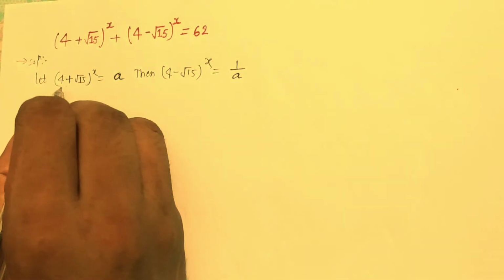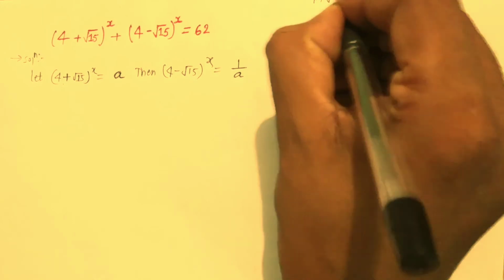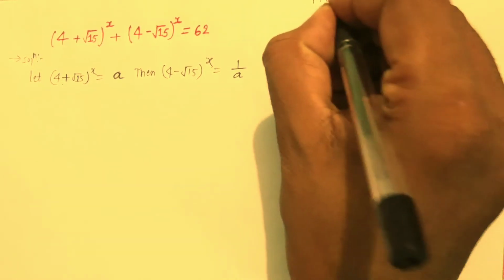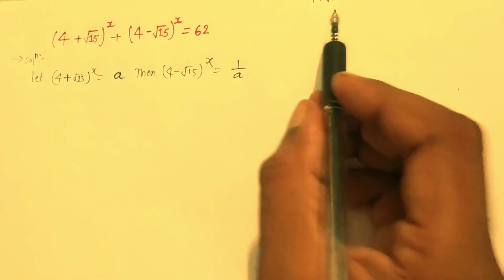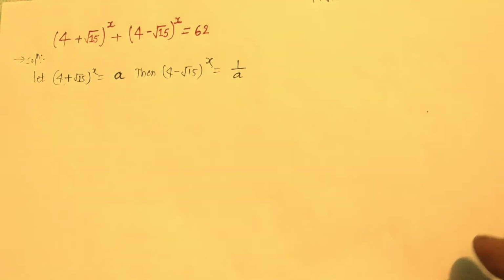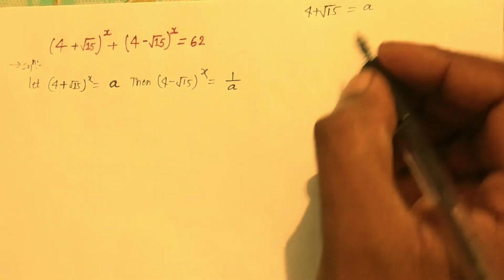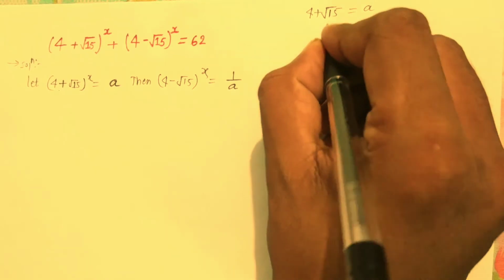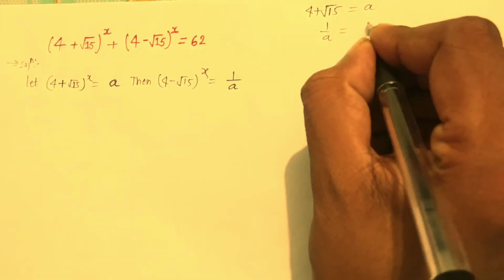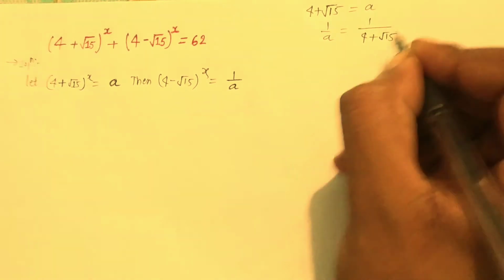So what we have let here, 4 plus root 15, I have let it as a, and then I am going to find its reciprocal, meaning 1 by a. So 1 by a is equal to 1 by (4 plus root 15).